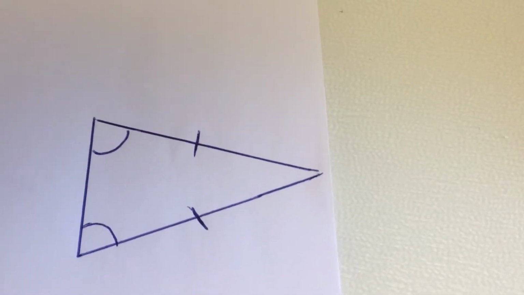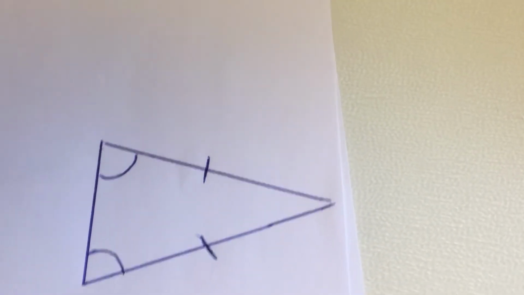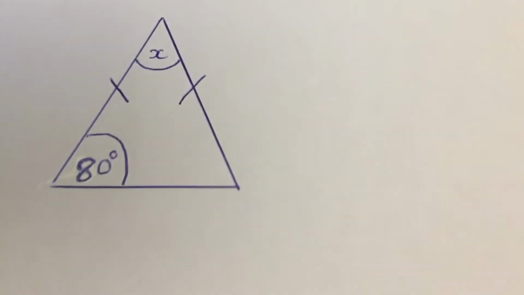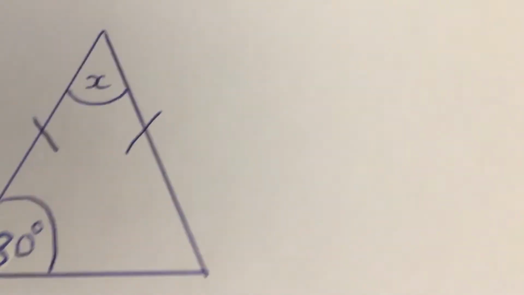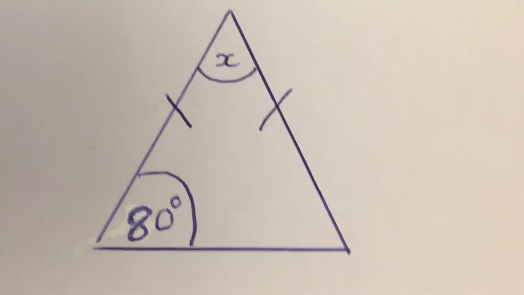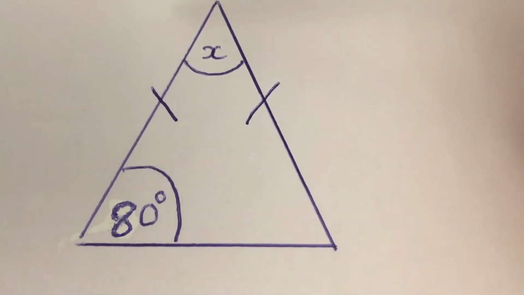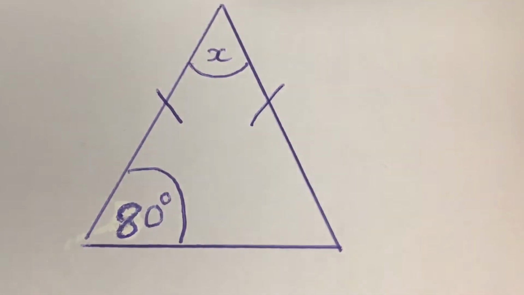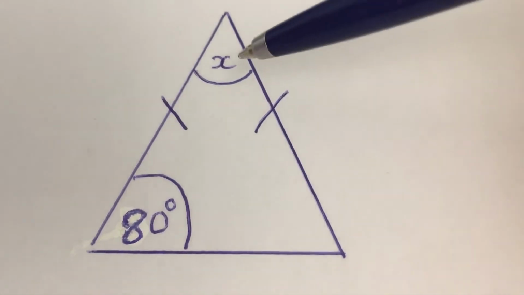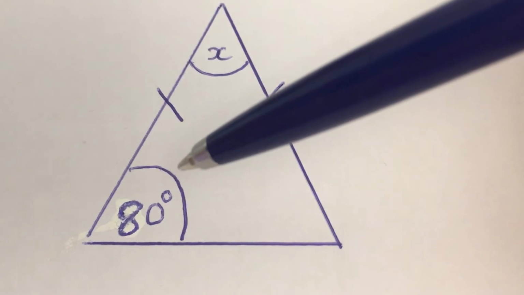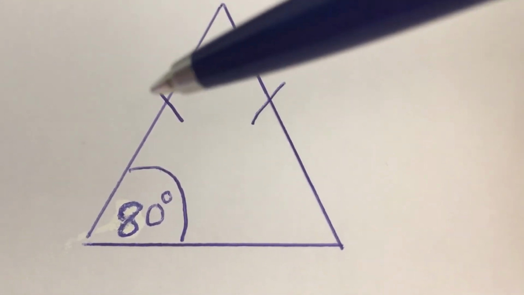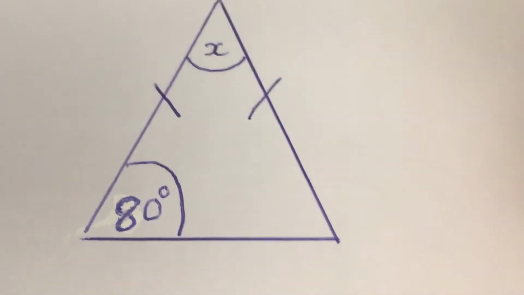Now we can use that fact to help us answer more angle questions. So you'll be given some questions like this. And we need to use two different facts. One of the facts is that angles in a triangle add up to 180. And the other one is the fact that these two angles are the same.